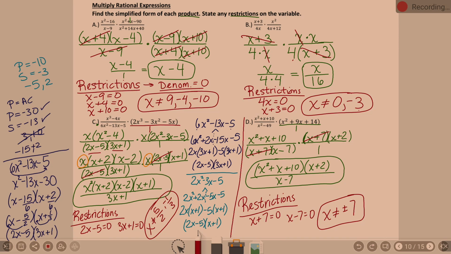The 1 is just a number. If we set 1 equal to 0, there's no variable, so it doesn't matter. We had that happen yesterday with the 4. It doesn't have a variable with it, so it's not going to make a difference.